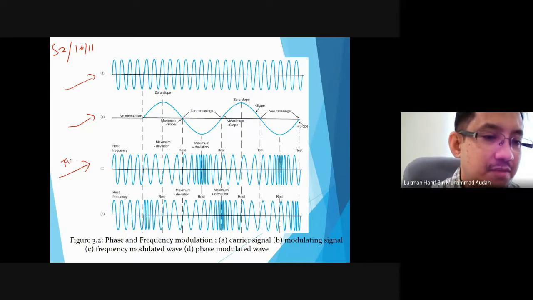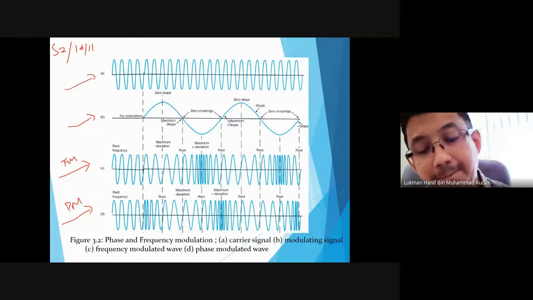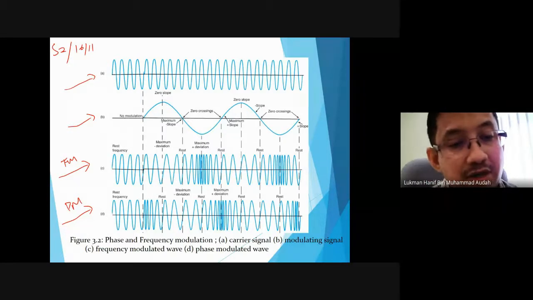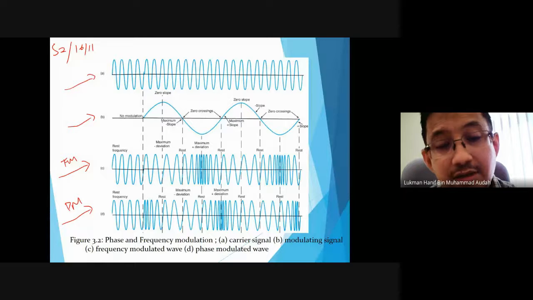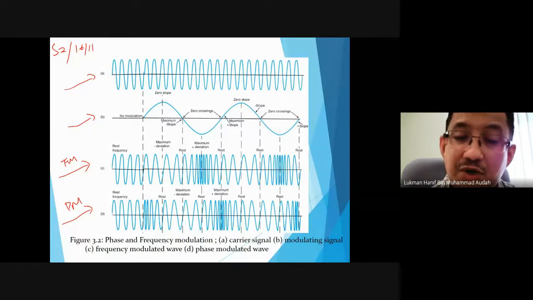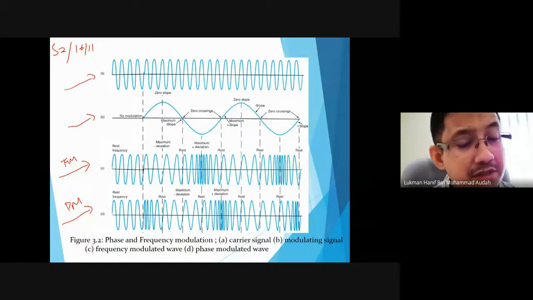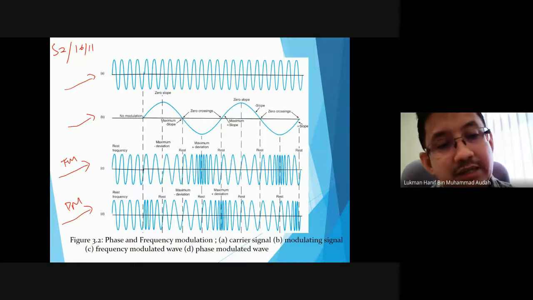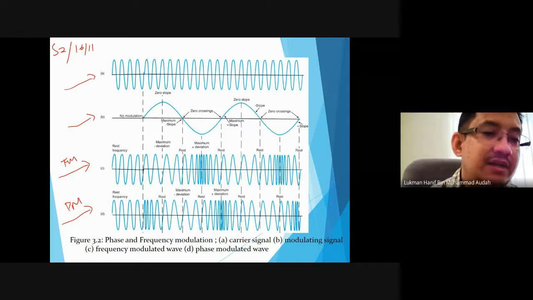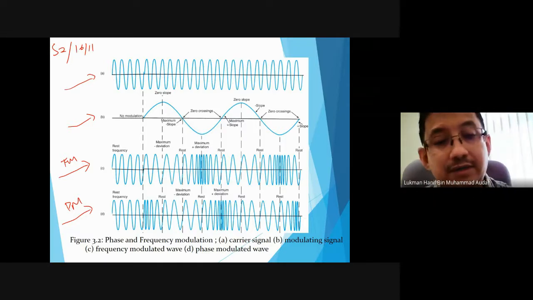Graph D is for PM. If you see graph C and D, we cannot differentiate which one is FM, which one is PM actually. Okay, kita tak boleh bezakan antara dua graf ini tanpa adanya graf pertama dan kedua.